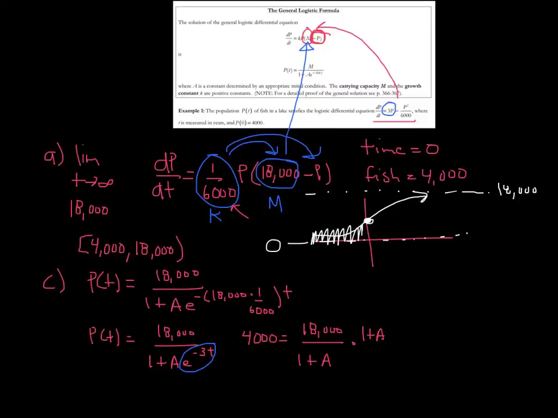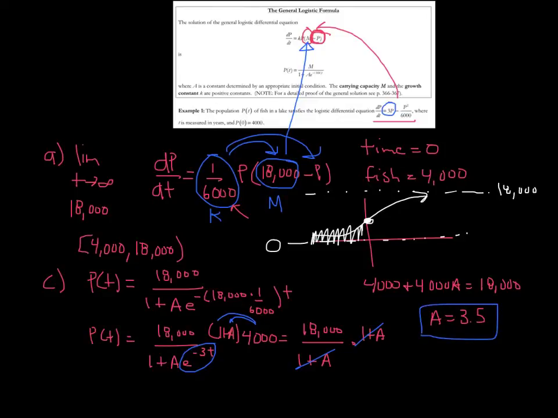And of course, we know that's going to cancel. And so you're going to distribute this 4,000 in there. And then you're going to have 4,000 plus 4,000a equals 18,000. Now, when you solve that for a, you're going to end up getting 3.5. Okay, that is your a.